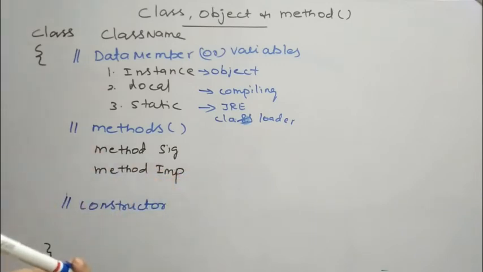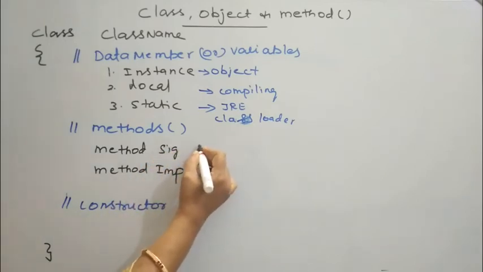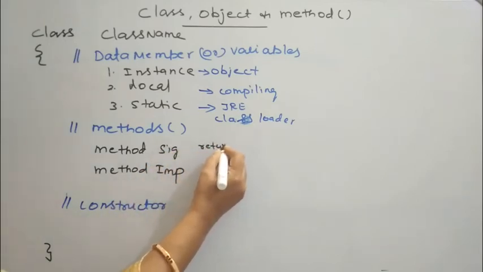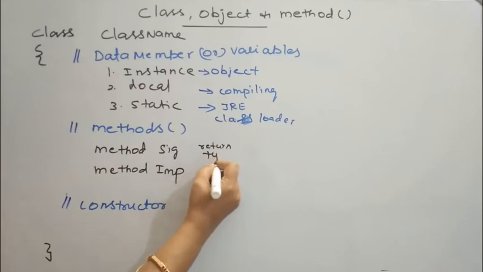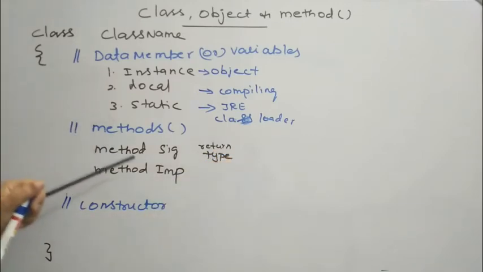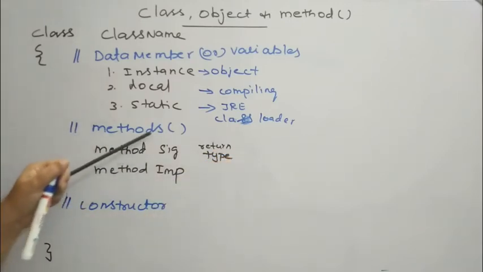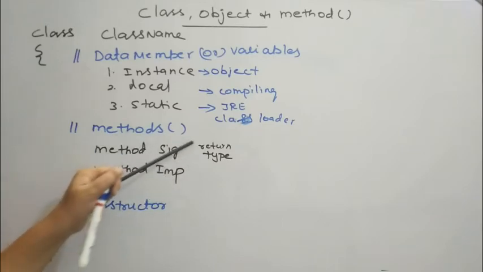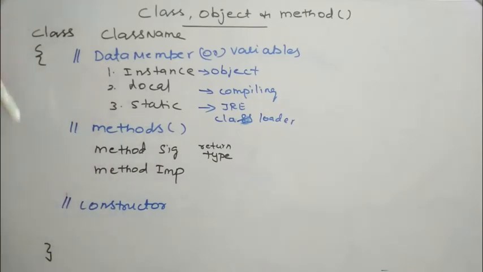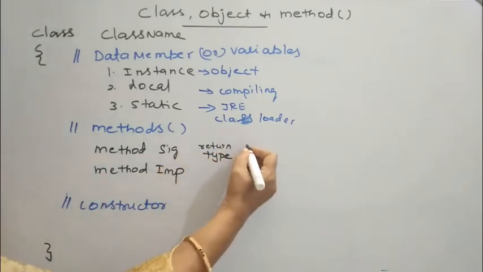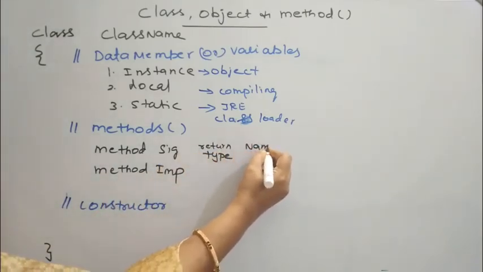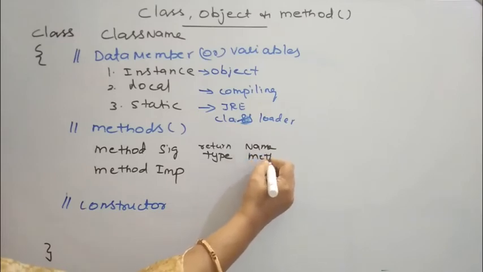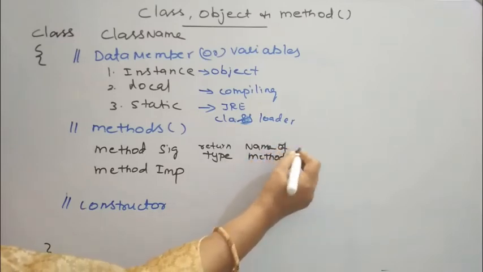In the method signature, we write the return type. When the method implements certain functionality, after performing it, the method returns some value. The return type of the value needs to be specified. After that, the name of the method.